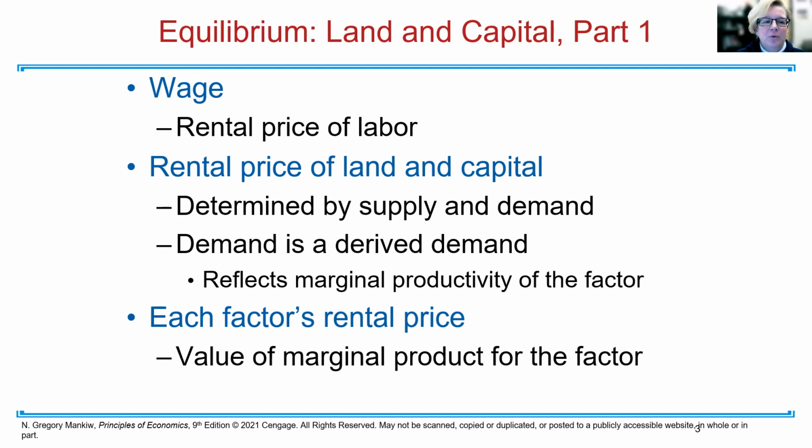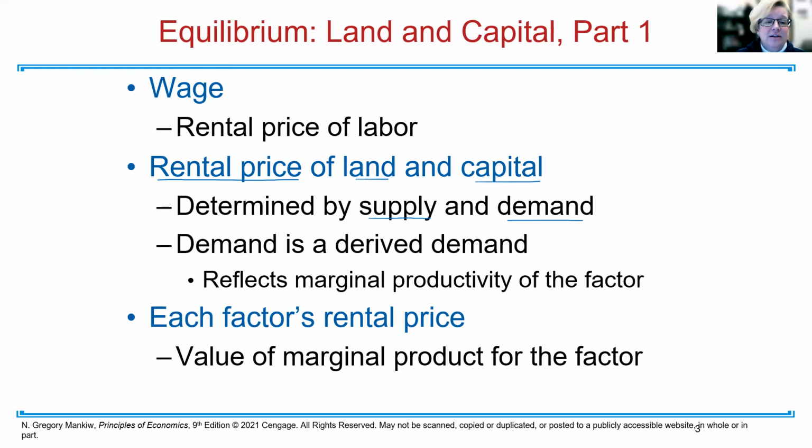And so if we want to compare this to what we learned in the first three objectives, we can say that the rental price of land and capital is really determined by the amount of supply that's available, how many tractors are available, and the demand that we have, derived demand from the product.